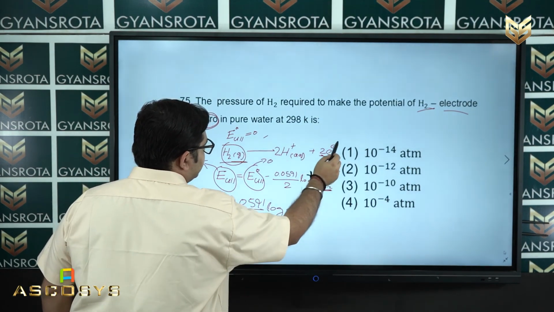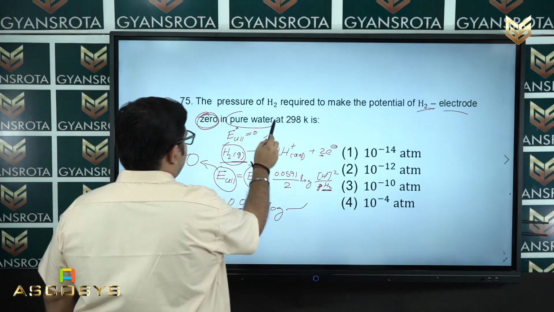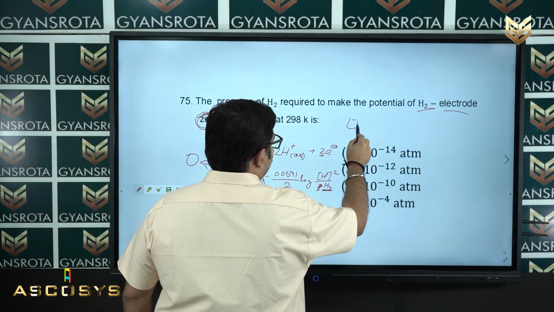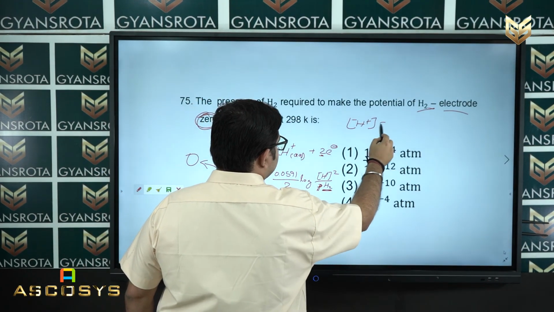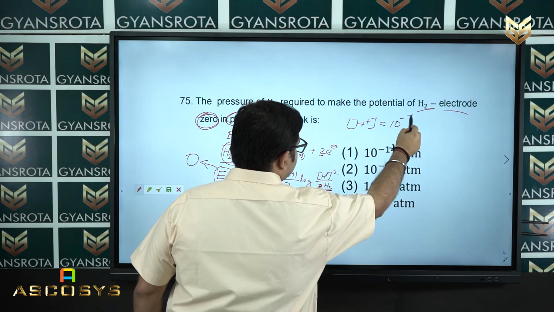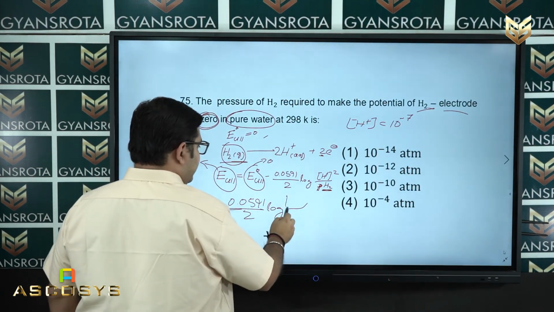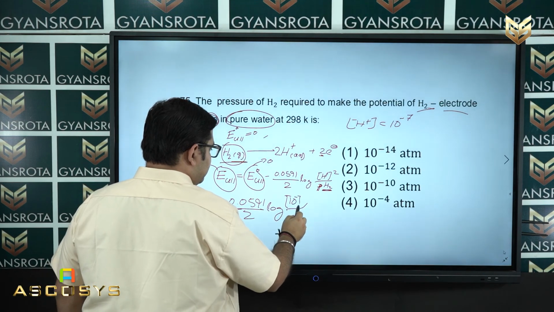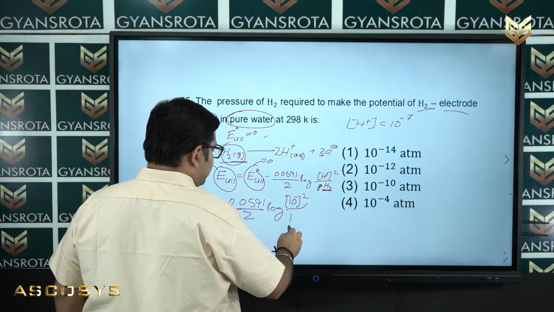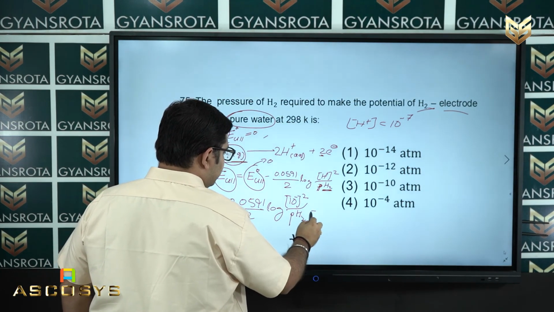What is the H plus ion concentration? They are mentioning pure water here. So for pure water, H plus ion concentration is 10 to the power minus 7. So here 10 to the power minus 7, whole squared, divided by pH2 is equal to 0.